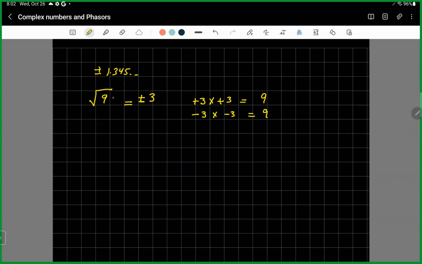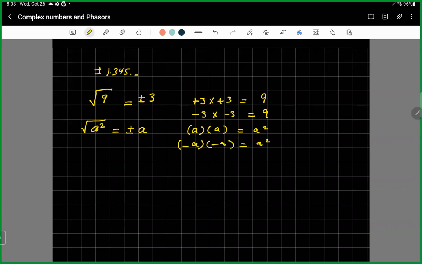So in general, the square root of a square is plus or minus a, because positive a times positive a is a square, and negative a times negative a is a square, and we are good with that. We don't have a problem.